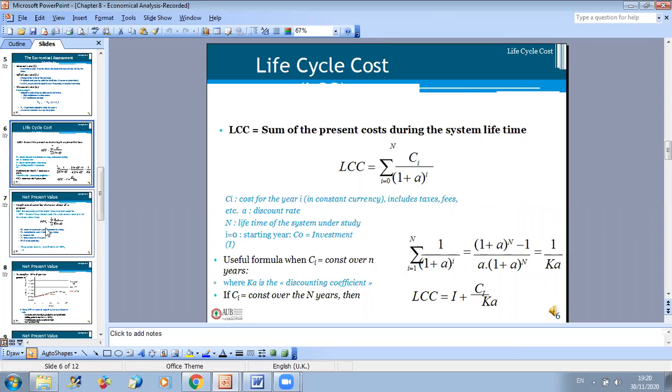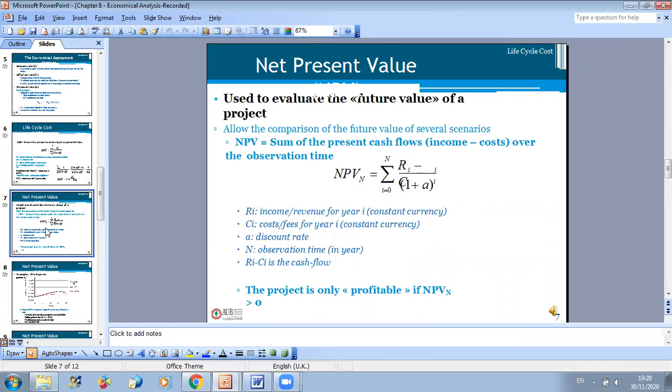So now I will move to slide 7. Yes, now it's showing. It represents the net present value, to assess the profitability of the project. So it will do summation of incomes minus costs. Maybe the formula is not very clear here, so I'll write it myself.